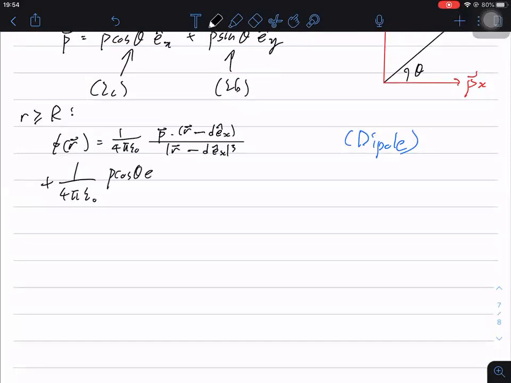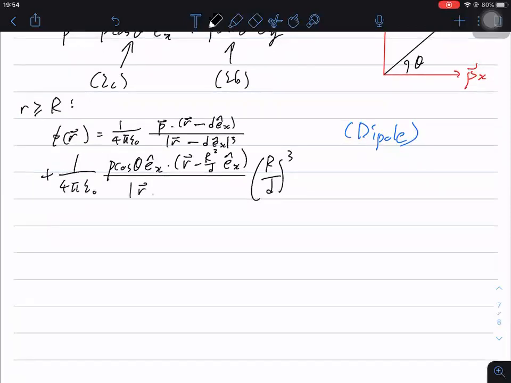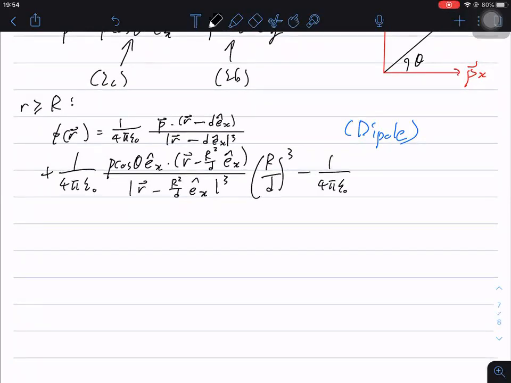So we have the image charge again, R over D to the power of cube, R minus R squared over D, and also we have the monopole moment's contribution. So you can refer to question 2C.